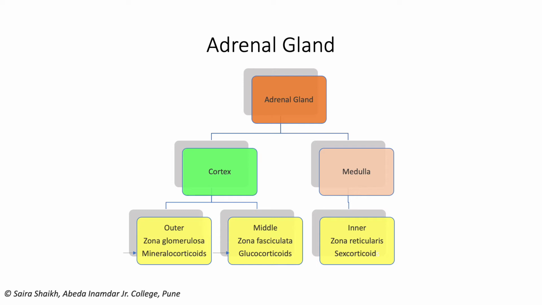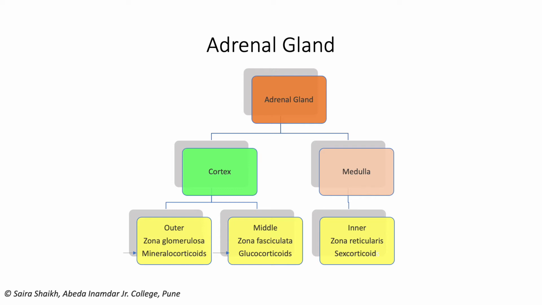Let us focus on the structure of the adrenal gland. The adrenal gland is differentiated into two different layers. The outer layer is the cortex, and the inner is the medulla. The cortex layer is thin and yellowish, while the medulla is reddish brown.